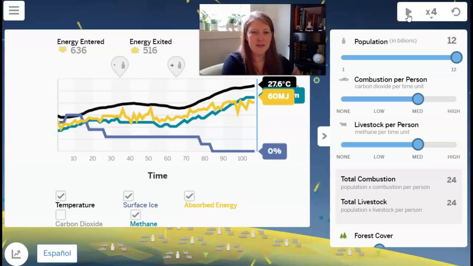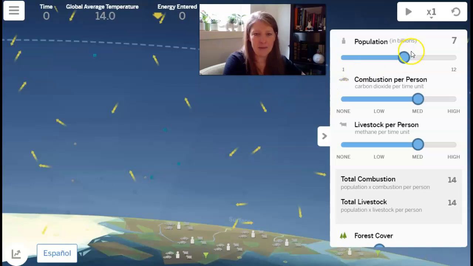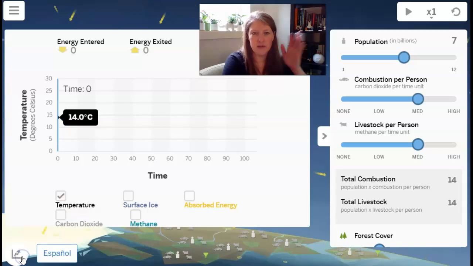Okay, so the next part, what we want to do is look at livestock per person, and see how that affects the amount of methane in Earth's atmosphere. So let's reset it. And this time we'll leave the population at 7 billion the whole time, and then just change one of the human activities and see what methane is going to be affected by that.